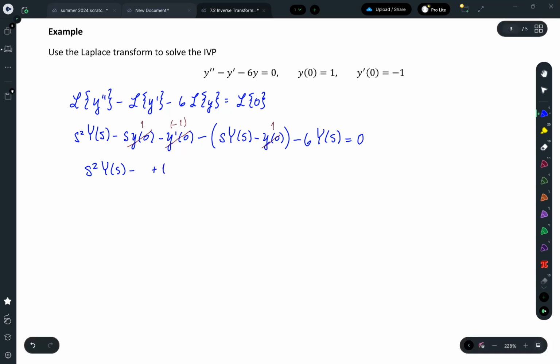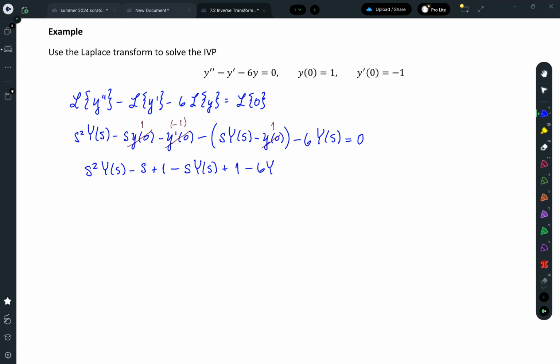I will warn you that if your s's look like 5s, you might combine them with 1s and get a 6. Be careful. Okay, and then we've got minus s big Y of s and plus 1 when we distribute the minus sign. And then minus 6 big Y of s equals 0.